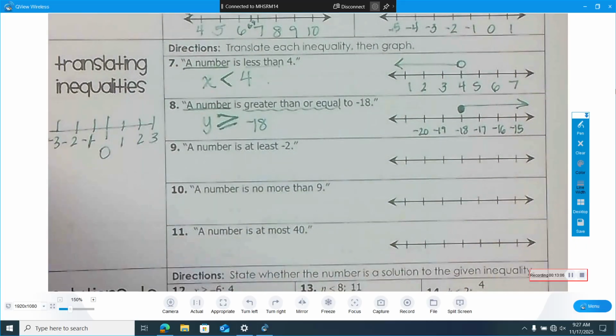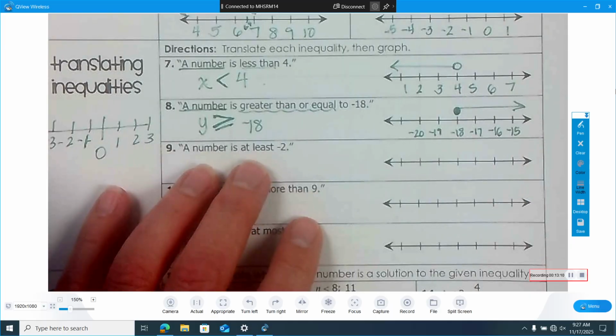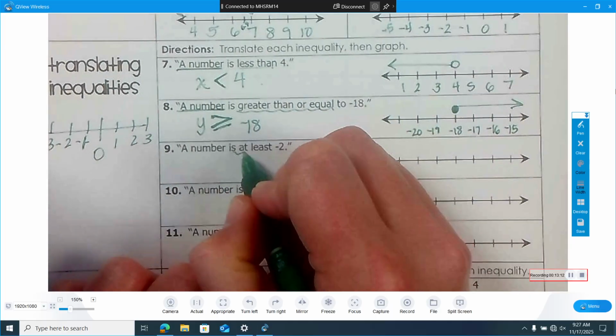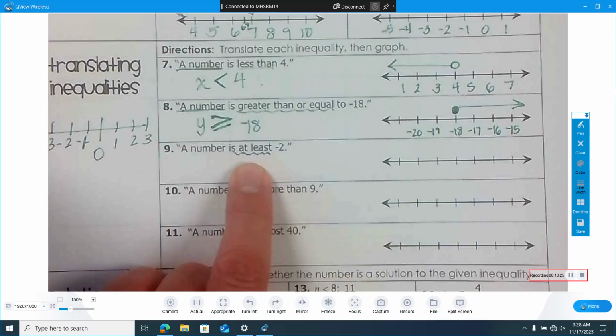Let's talk about number 9. A number is at least negative 2. I find these things very hard. What does it mean to be at least negative 2? It's got to be bigger than. Very good. So when I read something like this, I have to translate it to myself.